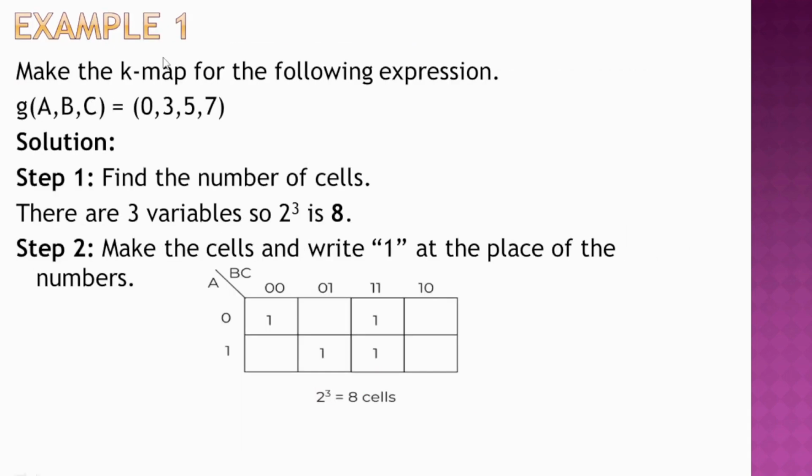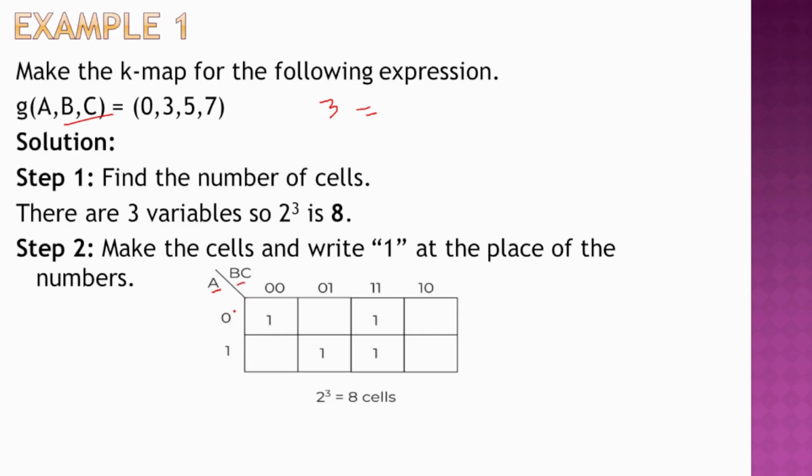This is example 1 for K-map for the following expression. Find the number of variables. The number of variables in the question is 3, so you need to draw the cells up to 8. A is filled at the bottom and BC is filled at the top.